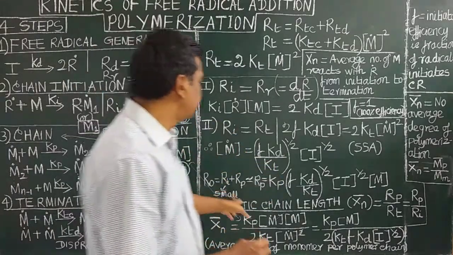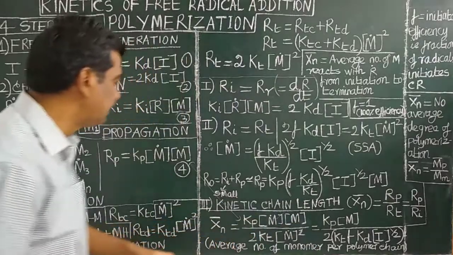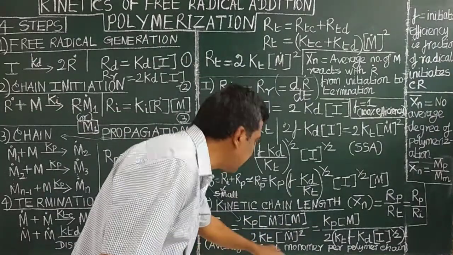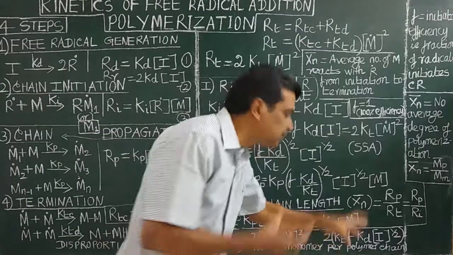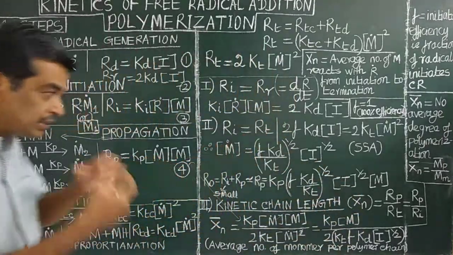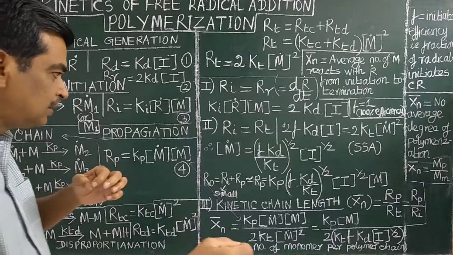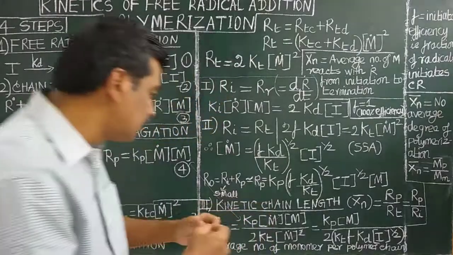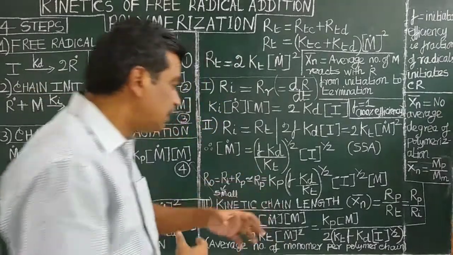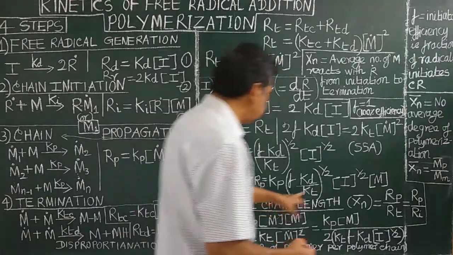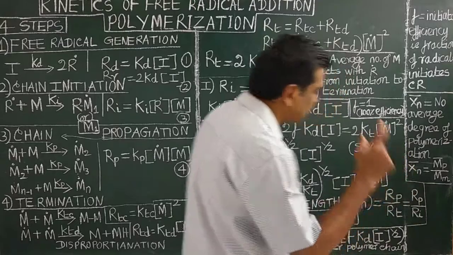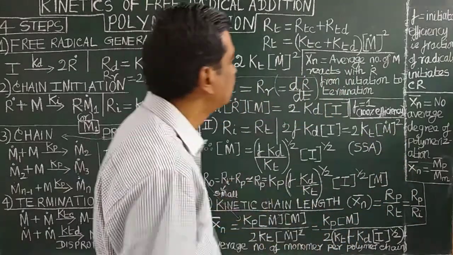That gives the chain length. It is also defined as the average number of monomers present per polymer chain. So Xn bar determines the chain length of the polymer.